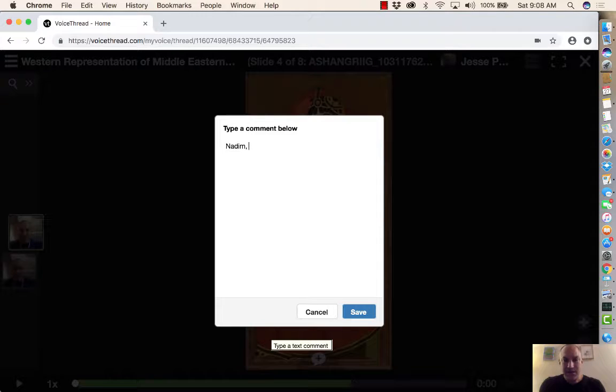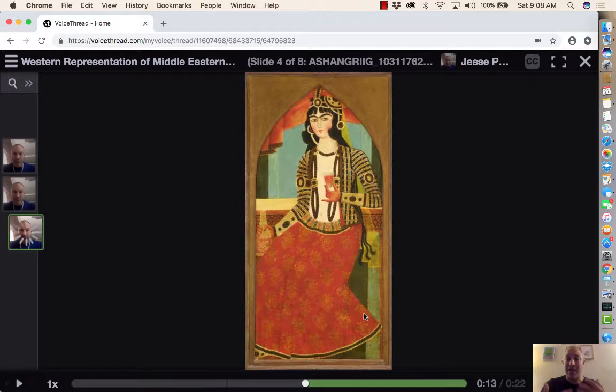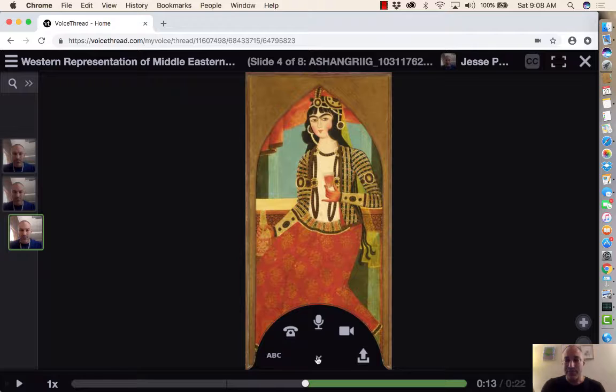So Nadim, I found this interesting from Iran, also 19th century, where this figure seems quite white as well. I wonder if there were Western-leaning ideas.